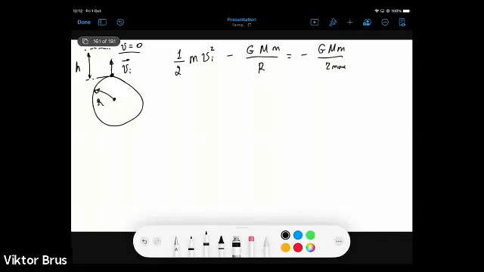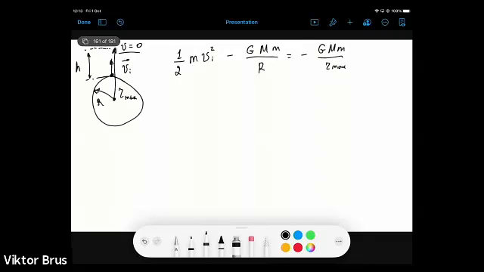So it's the maximum distance from the center of the planet, R maximum. And here there's a question, R or R squared. R squared stands for gravitational force, and for potential energy we have just R in the denominator.